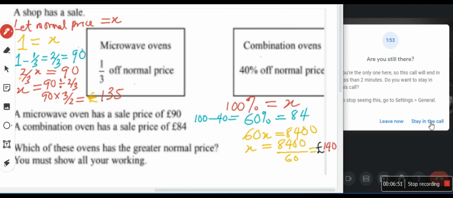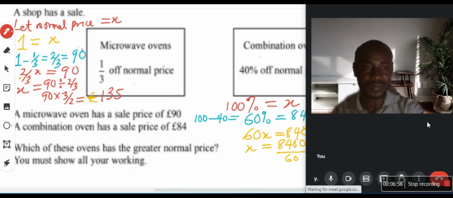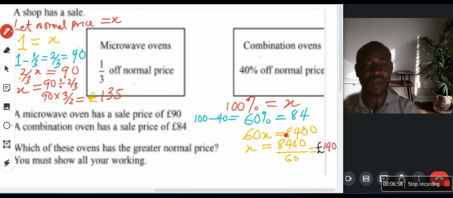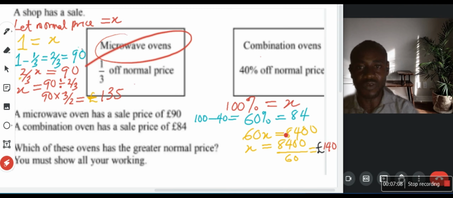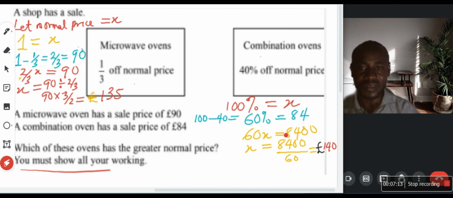So we now have 140 pounds for the combination oven. That's the normal price for the combination oven, 140 pounds. And also the normal price for the microwave oven is 135 pounds. So which of these ovens has a greater normal price?